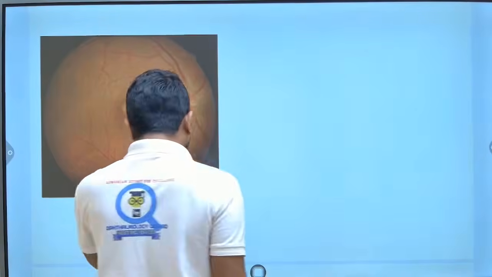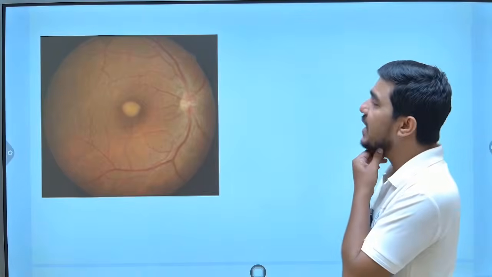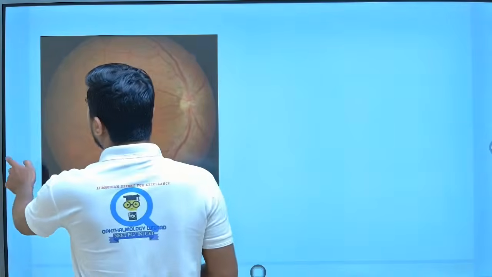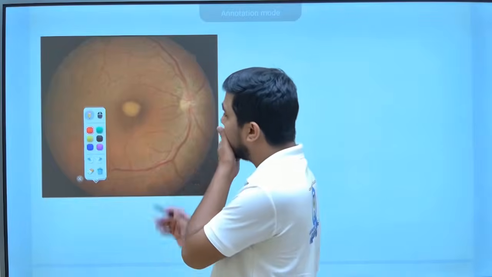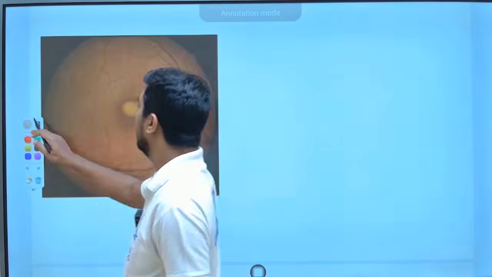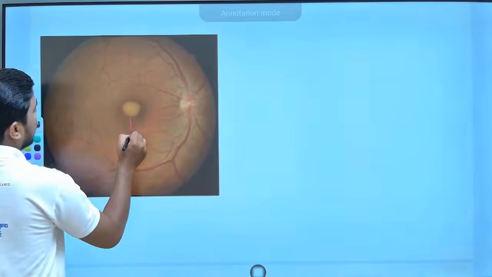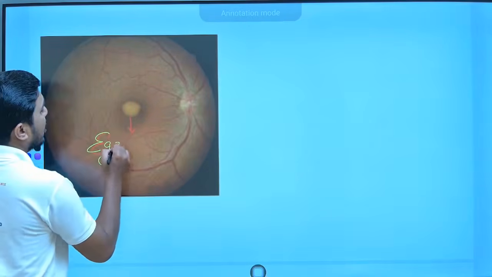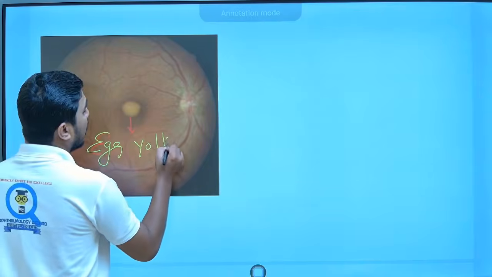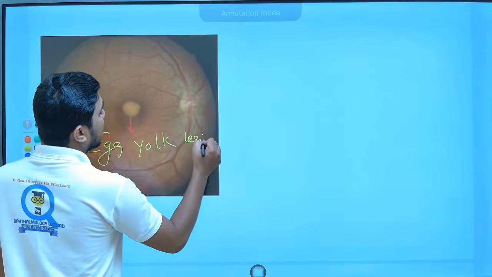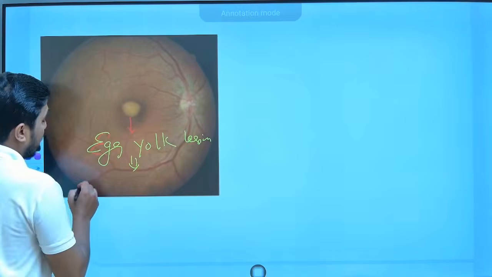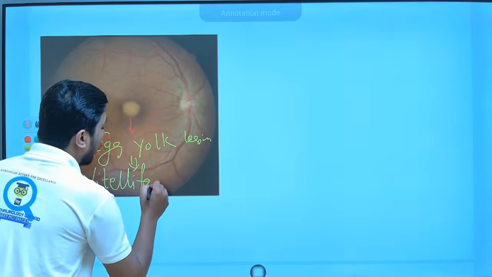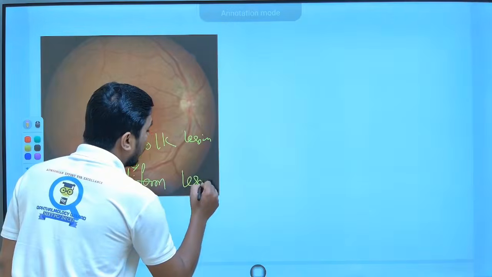Now coming to this picture. Can you see what this is? This is an egg yolk-like appearance. When you see an egg yolk-like appearance on the fundus, especially at the macula, this is an egg yolk-like lesion. What do we call it? We call it a vitelliform lesion.